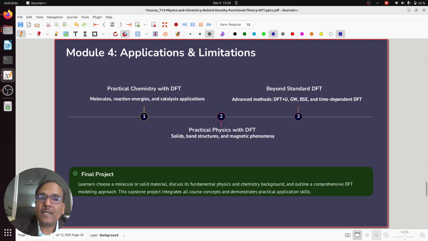Then applications and limitations: practical chemistry with DFT and beyond standard DFT, like DFT+U, BSE, and time-dependent DFT. The fundamentals behind these we will give, and in the conclusion part, practical physics with DFT, solid band structure, and magnetism phenomena. This will conclude the course.